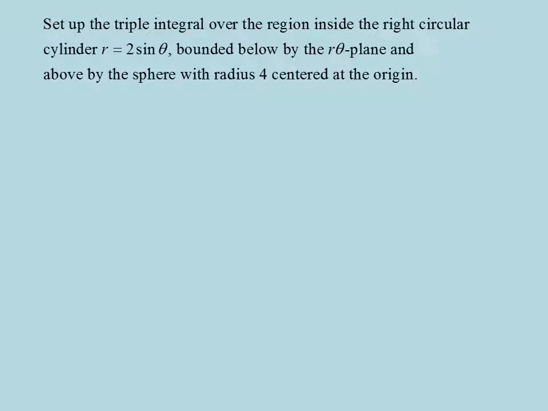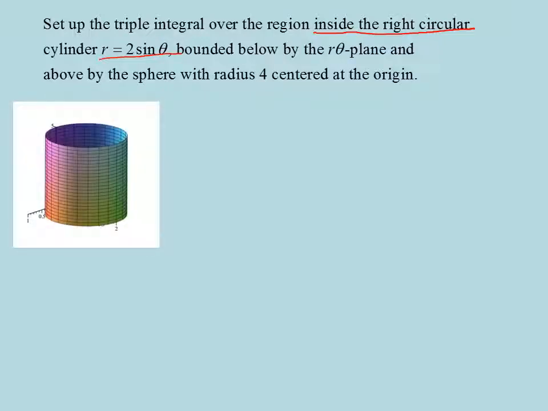Now let's see how we set up an integral when we're given a description of our region. You can see here we're talking about the region that is inside the cylinder r equals 2 sine theta. So we'll draw us a graph in Maple of r equals 2 sine theta.